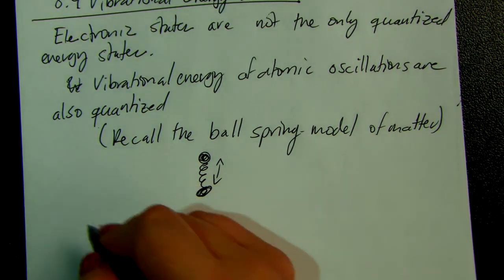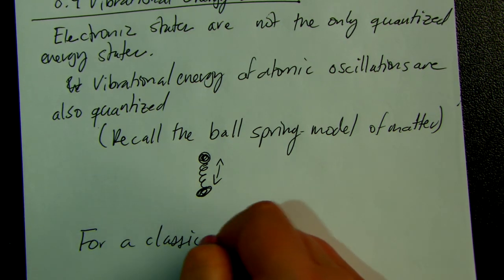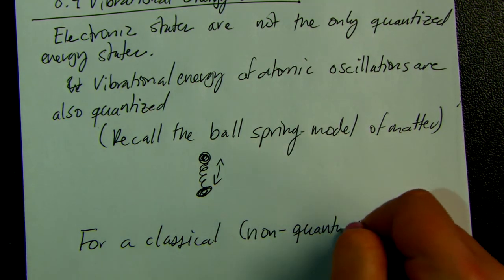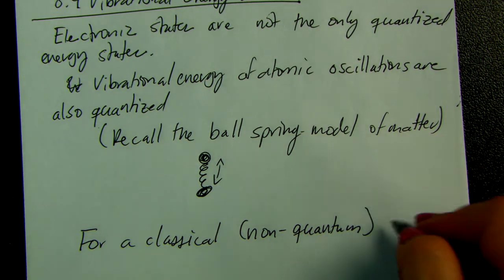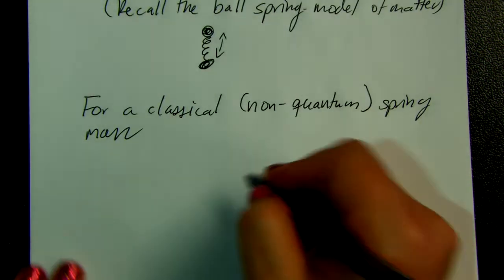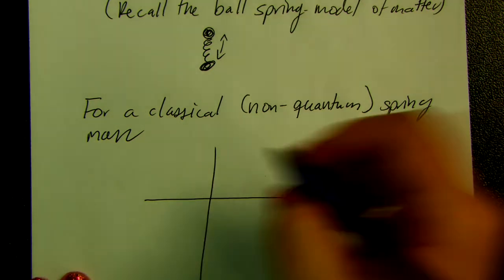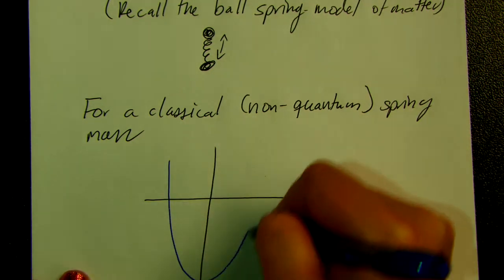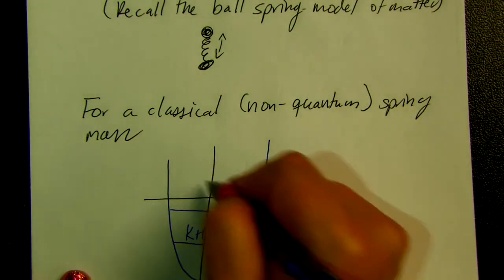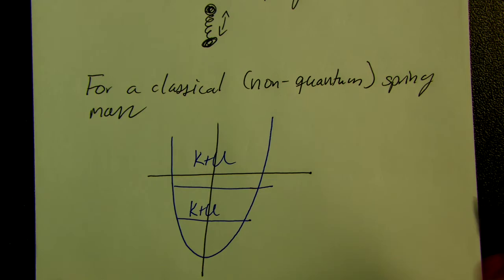Okay, so for a classical system, so non-quantum, which is typically what we think about, we have seen this energy diagram before. It might have an offset, and then we're going to have various K plus U's, and really any of them are available. Be anywhere you want in here, all of these energy states.